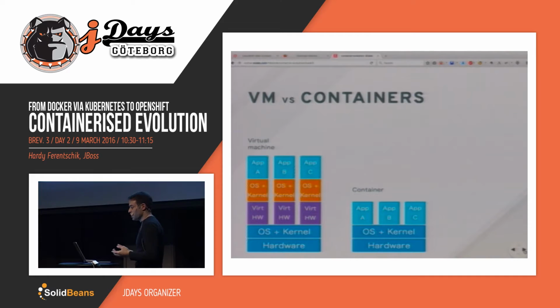That's it. So it's much better resource utilization in the container world, and it's also much faster. On this machine, I can start up 100 Nginx servers within 35 seconds. I could not start 100 Nginx virtual machines on this machine in that time. It's just not possible.